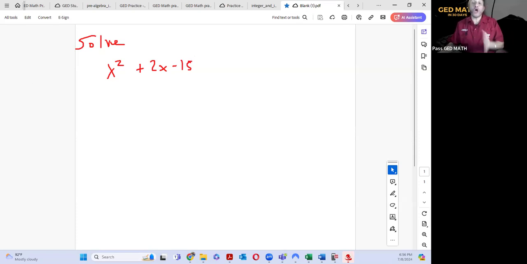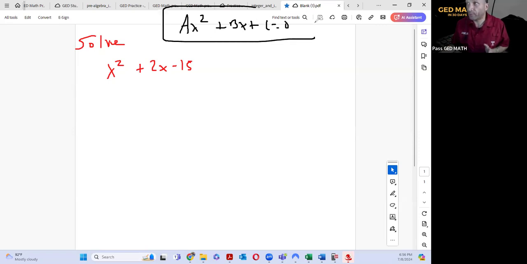What you should know when you're solving a quadratic equation is that the standard form is ax squared plus bx plus c is equal to 0. Well, you don't see a 0 here, Mr. Tinsley. You have to know if it's in this form, that it's equal to 0.